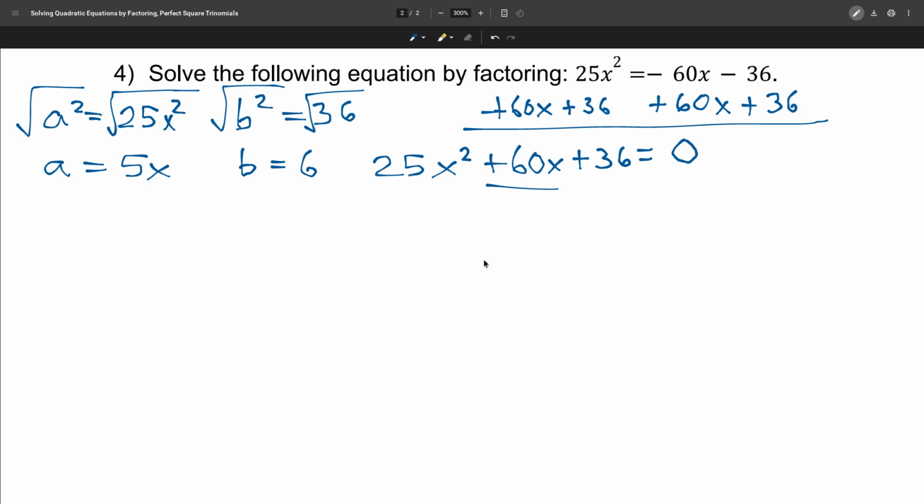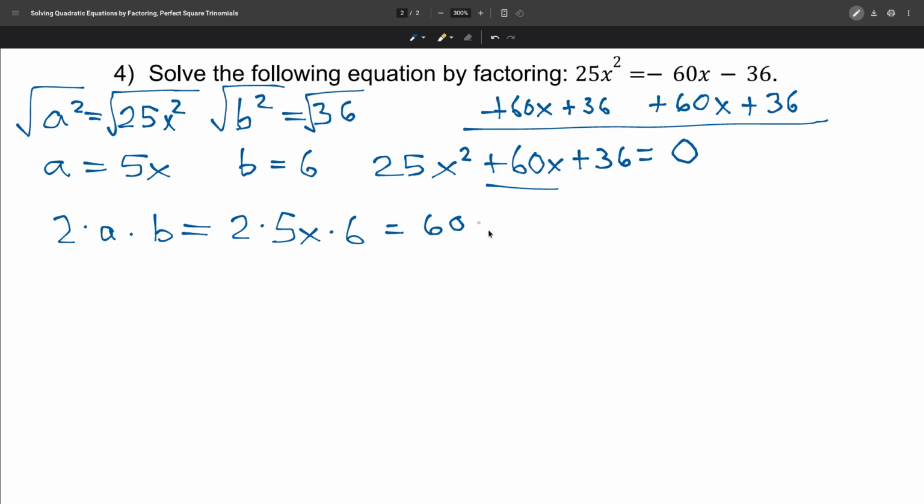We got a plus here, so this is going to be positive 2 times a times b. So 2 times 5x times 6. So that's 60x. So this does fit the pattern.